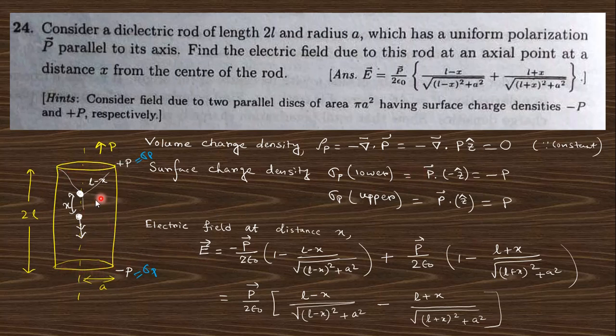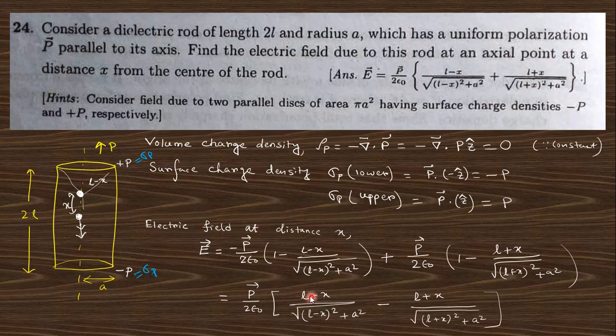Okay, so the electric field in that region: this is like a circular disc with radius a, and this distance will be L minus x because the length is 2L, that means from the center to the end is L, and this is x, so this distance will be L minus x.